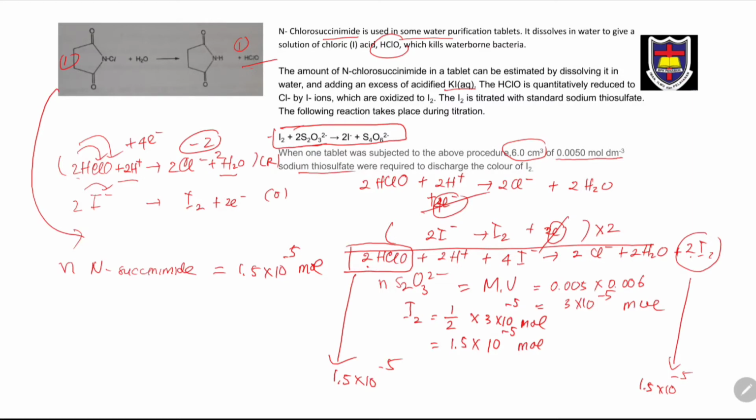The Mr from the structure like this. You have NCl here. Each angle is carbon.